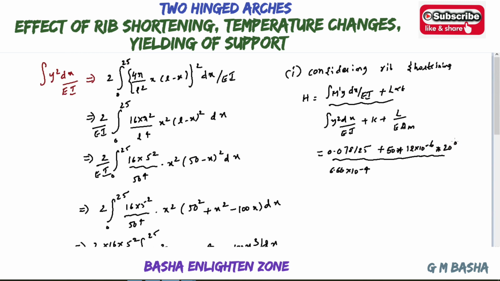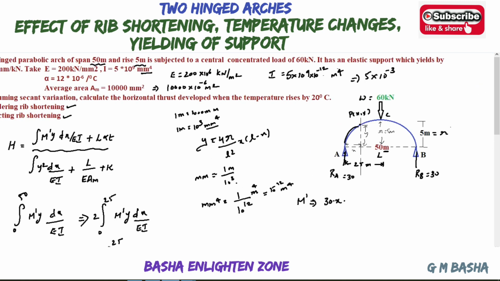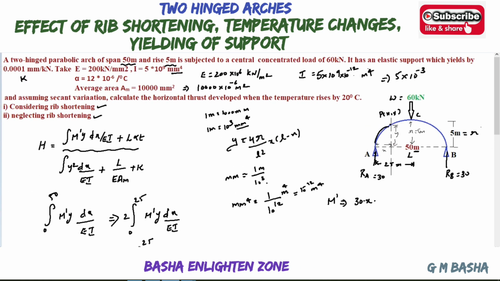Substitute all the values, and in the denominator the k value is given. What is the k value? Check once, 0.0001.